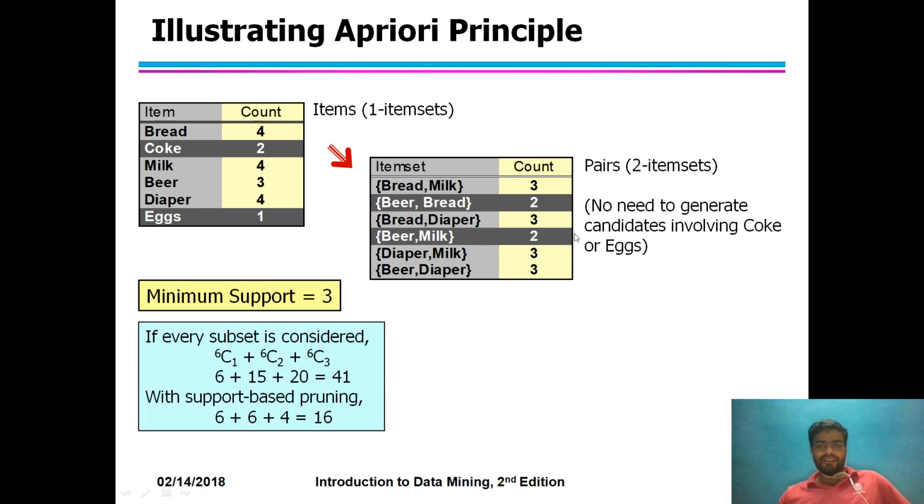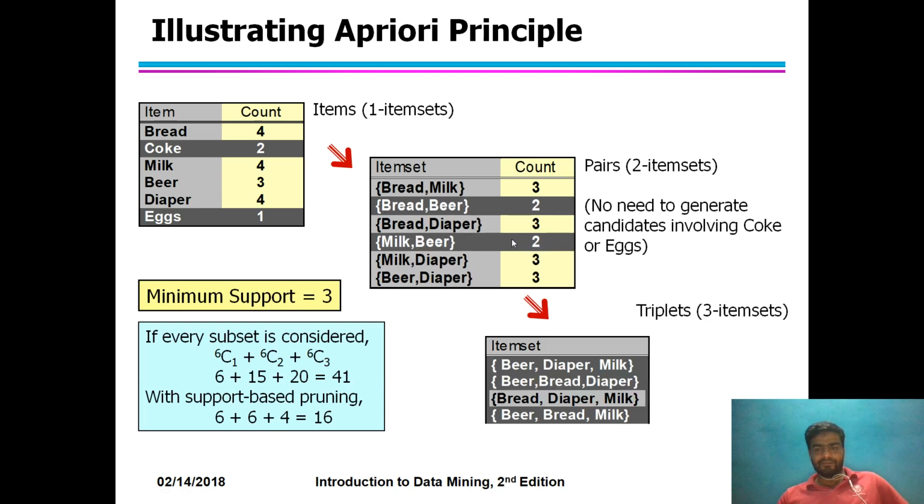Now beer bread and beer milk are not satisfying the minimum support count, so they will be eliminated from the count. Next, for the 3 item sets, no need to generate candidates involving Coke and eggs, because I am not interested, as their support is less than 3.